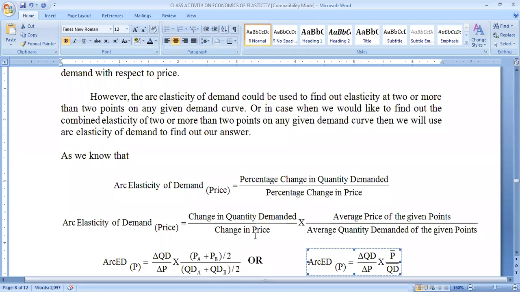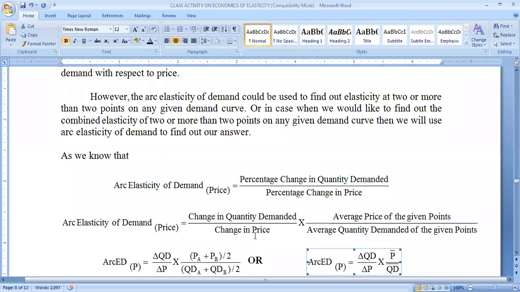So how do we find out an average price? Say when quantity demanded was 100, the price was 10 at point A. But when price is increased from 10 to 20, quantity demanded decreased from 100 to 90. So at point B, we had price equals 20. And at point C, we had price equals 30, where quantity demanded was 80, right?